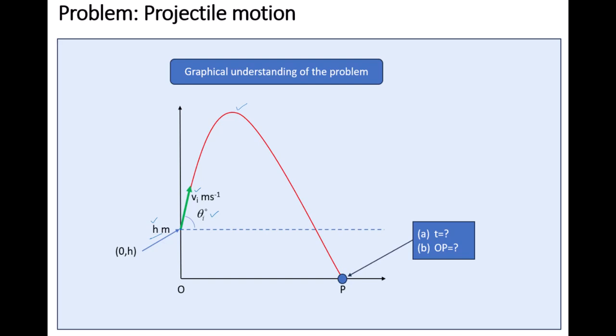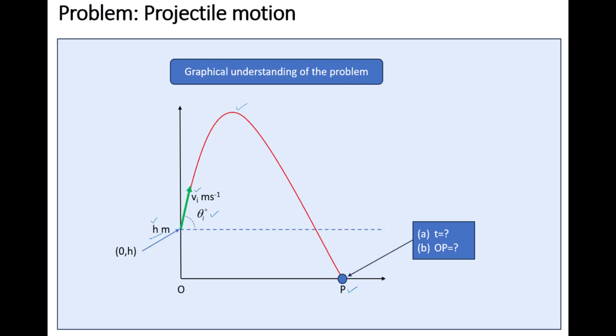Now, as we know, it will be executing a projectile motion, and although it may not look like a perfect parabola, I have tried my best. Let's say after some time t, the ball hits the ground at point P, as I have shown.